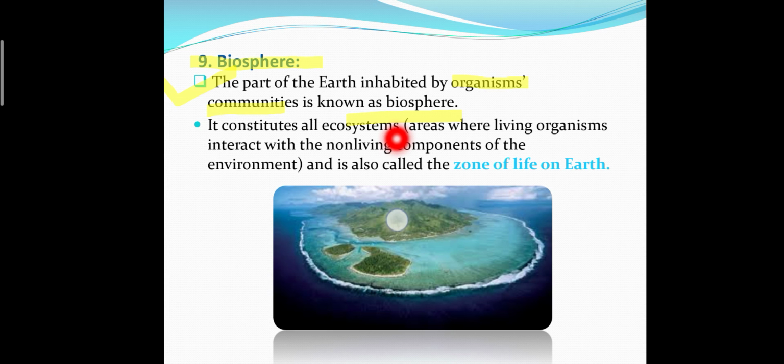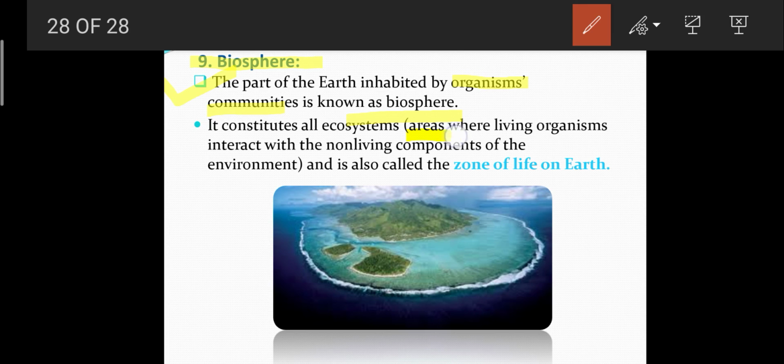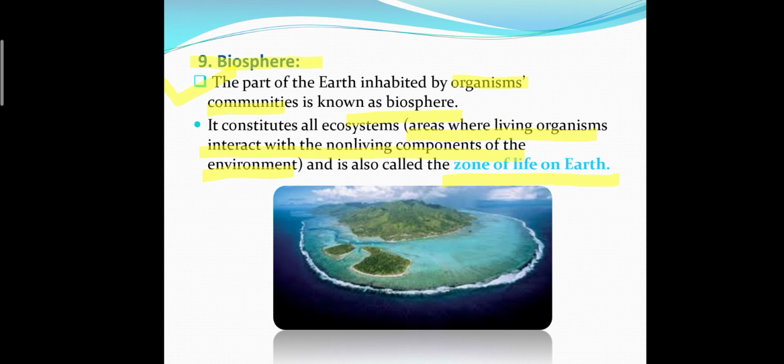What is an ecosystem? An ecosystem is an area where living organisms interact with the non-living components of the environment. And it is also called the zone of life on the earth. So that is the biosphere.